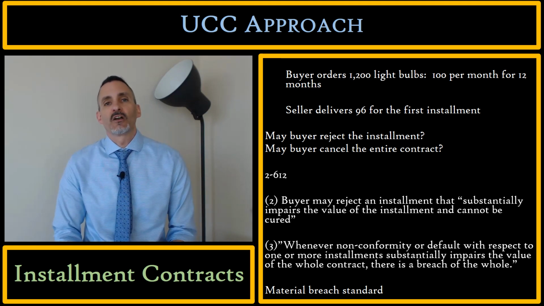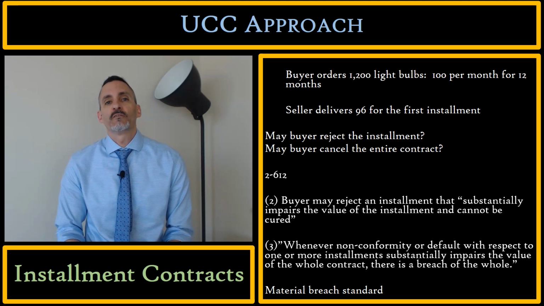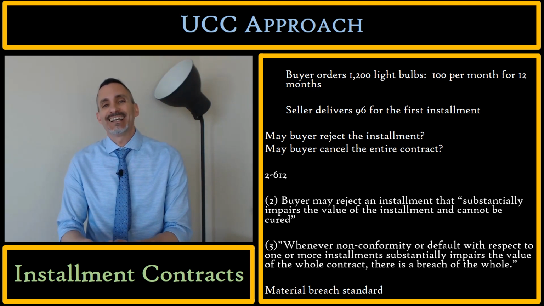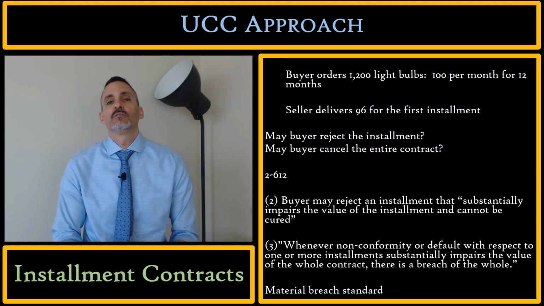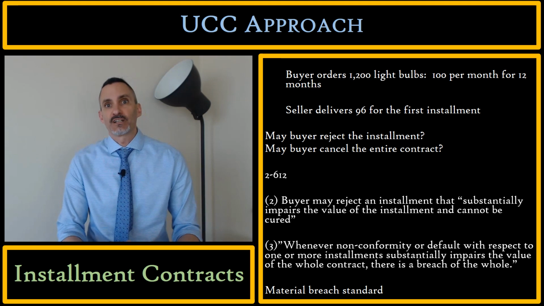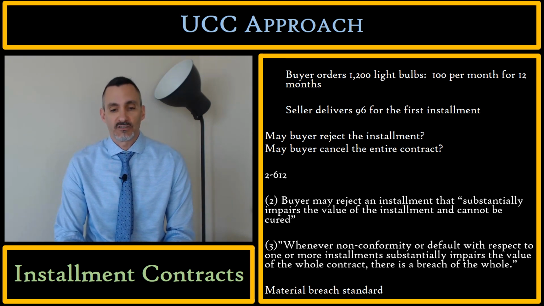It's difficult to make an argument that missing 4 out of 100 substantially impairs the value to her. Maybe she can convince us, but with no other facts, it looks like this is not a material breach. So for installment contracts, we do not use the perfect tender rule. We use the substantially impairs the value to her standard. We use a material breach standard.